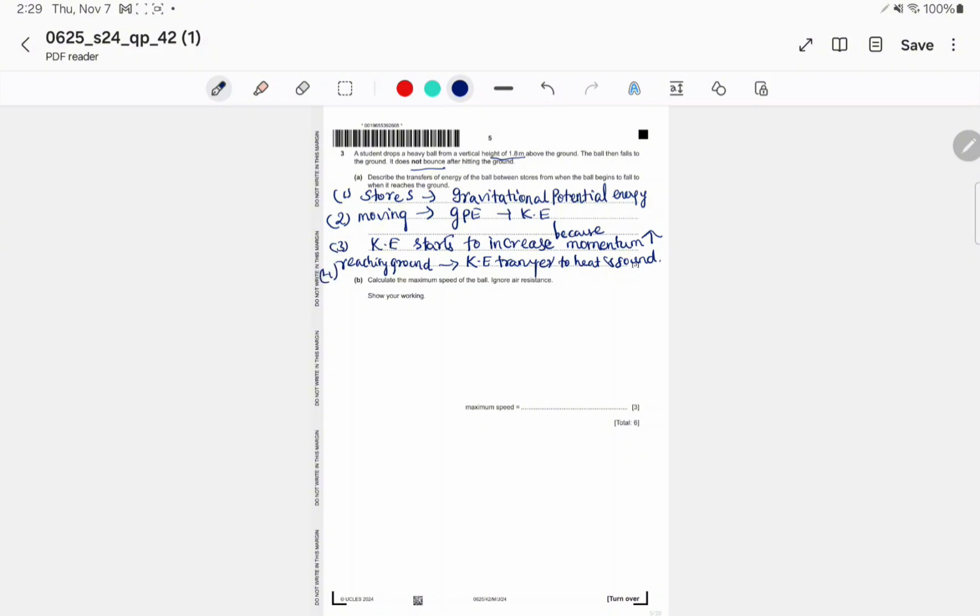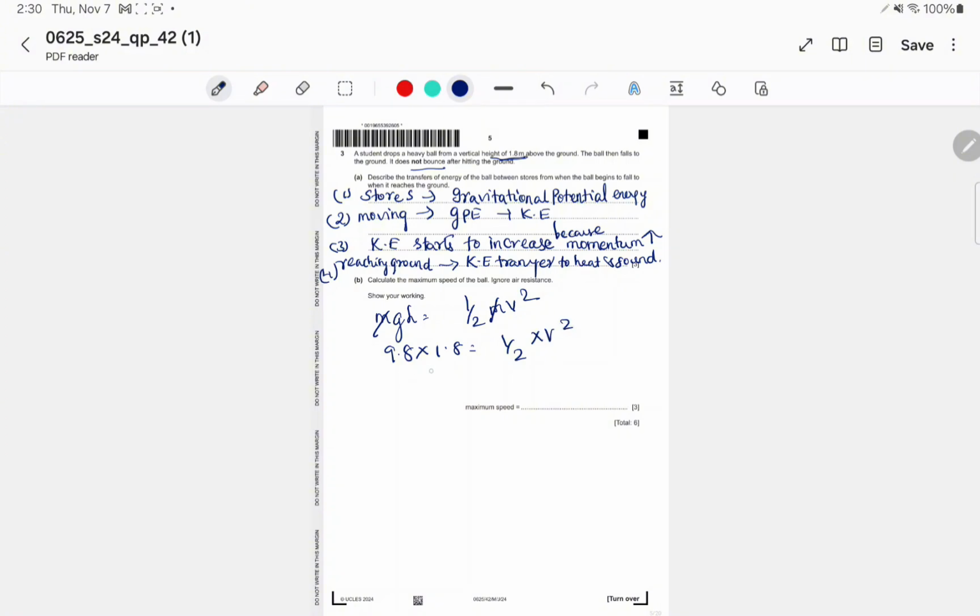Next question, calculate the maximum speed of the ball, ignore the air resistance, show your working. So how will we do this? Our known formula for this is mgh equals half mv squared. The m on both sides cancels. g is 9.8, height is given here, it is 1.8. So half into v squared, we have to calculate the maximum speed.